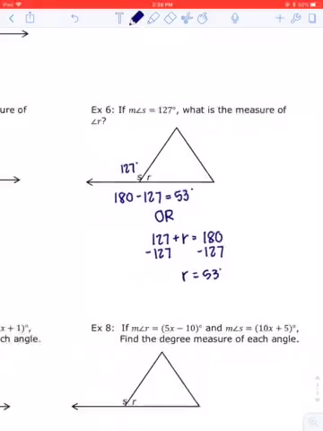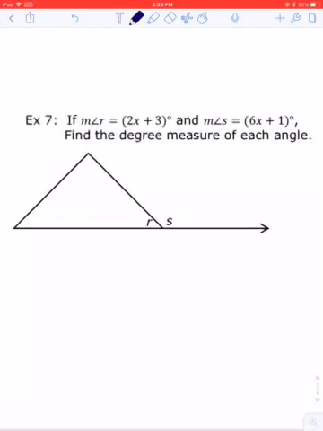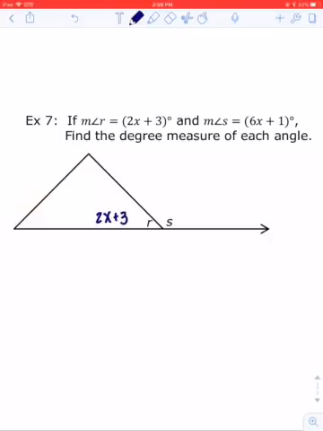Okay, example 7 is similar to 3 and 4 for the interior angles. So here they give us 2x plus 3 and 6x plus 1. When I add those together, they should equal 180.